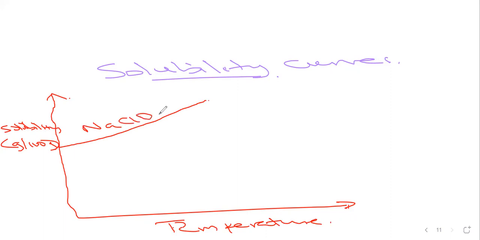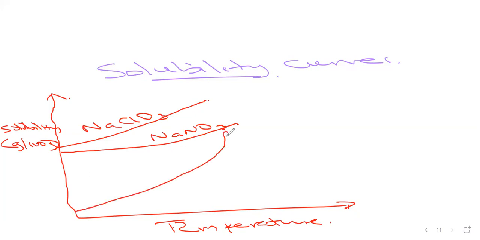For example, if I have a salt like sodium chlorate, that is its solubility curve. Then you can have sodium nitrate. Its solubility is below that of sodium chlorate at any given temperature. The most common ones that you saw at O level were sodium nitrate and potassium nitrate.